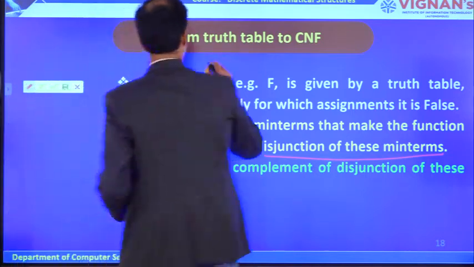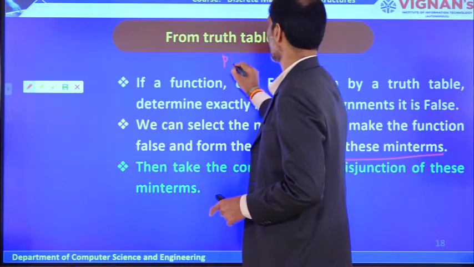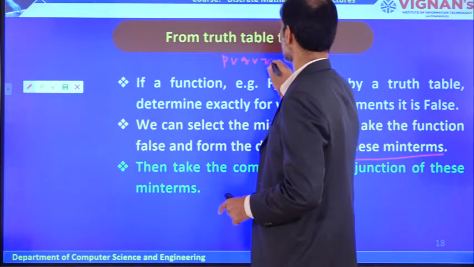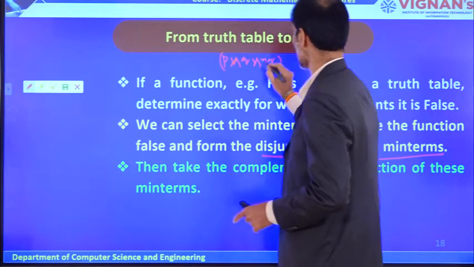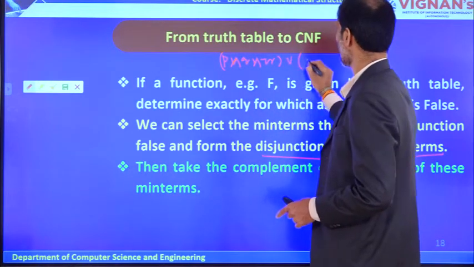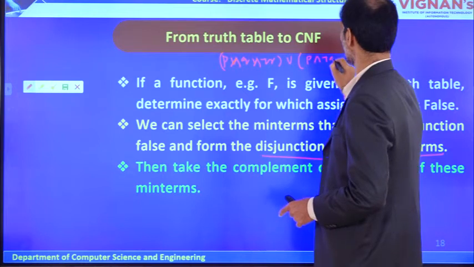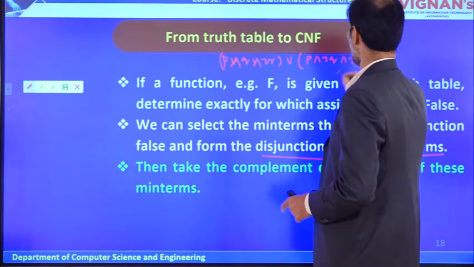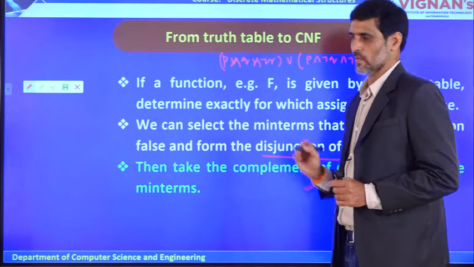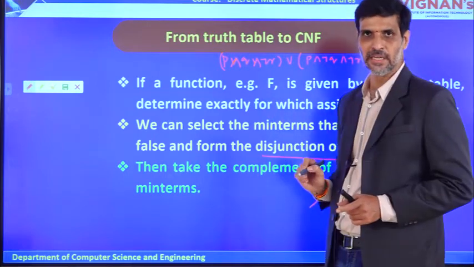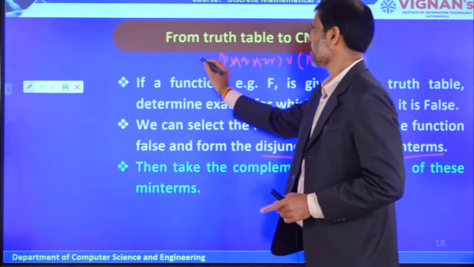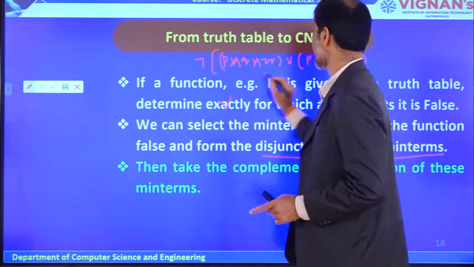In the previous case, I took only two terms, P and negation Q and negation R, and so on. For those assignments I got the false value, then I took the minterms and then took the disjunction. Now you have to take the negation of this entire formula.